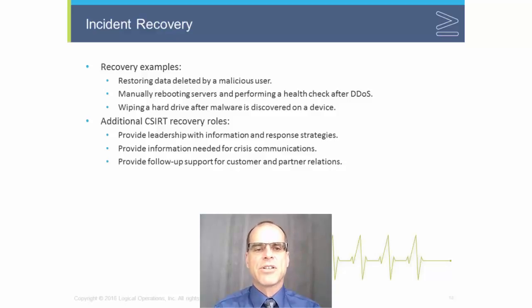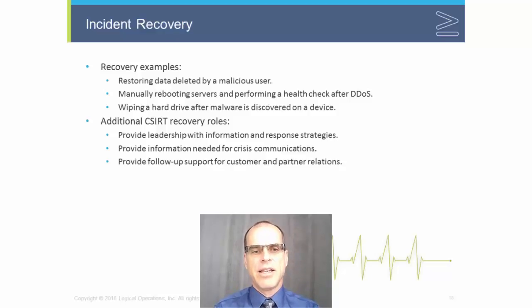The CSIRT members may also need to provide information about the current state of affairs with the recovery operations so that your crisis communicator can then, of course, communicate that through to the appropriate individuals.